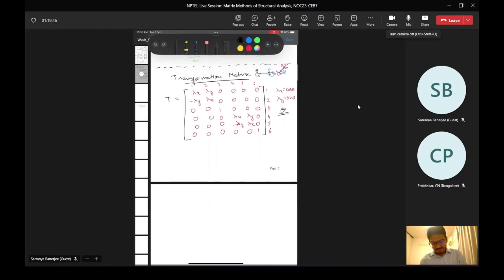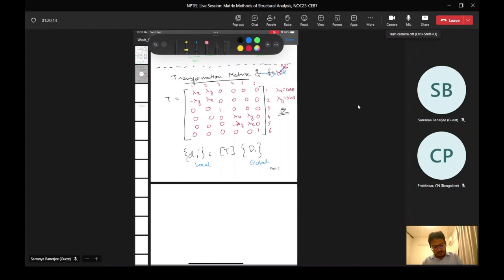I will not write everything down, I don't think that is required. So basically, d1 dash equals T times D1. Here, capital D is the global degrees of freedom, and small d is the local degrees of freedom.